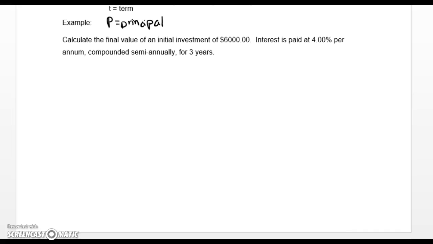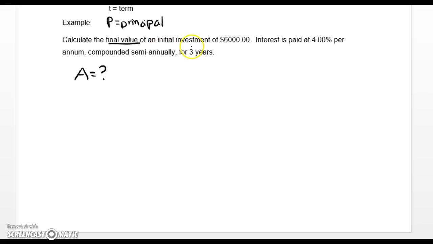Here we're going to calculate the final value of an initial investment of $6,000. Interest is paid at 4% per annum, compounded semi-annually for 3 years. To solve this question, I'm first going to identify what they are asking us to do. We need to calculate the final value of an initial investment, so we're looking for the final value, which is that A value, your total at the end of your term.